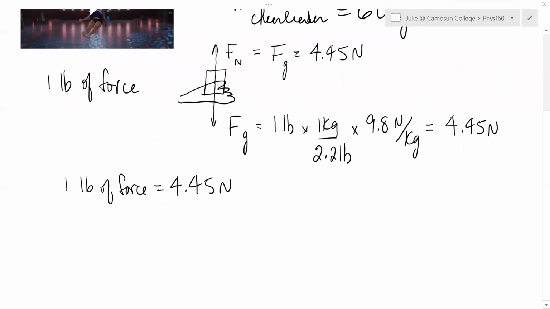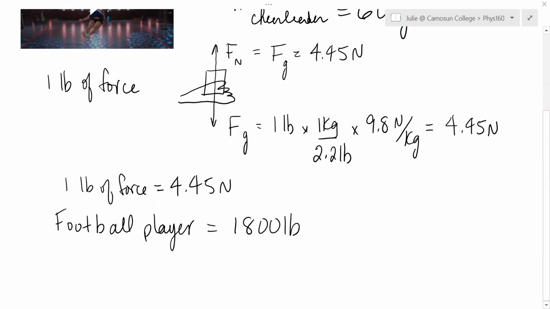Since I can only really think in newtons, being a physicist, I'm going to convert those two values that they quote in the video to newtons. The football player, it said, felt a force of 1,800 pounds. That'd be like having 1,800 pounds of butter laid on top of you.